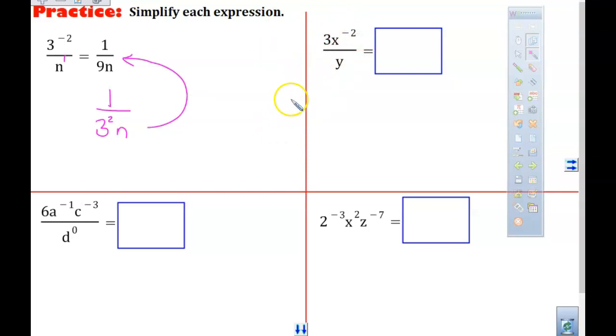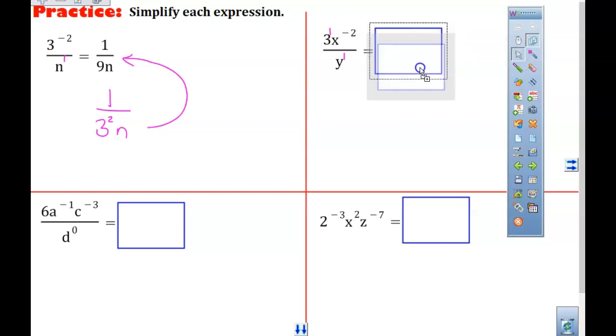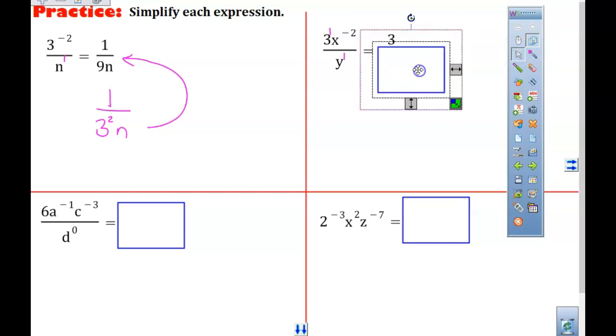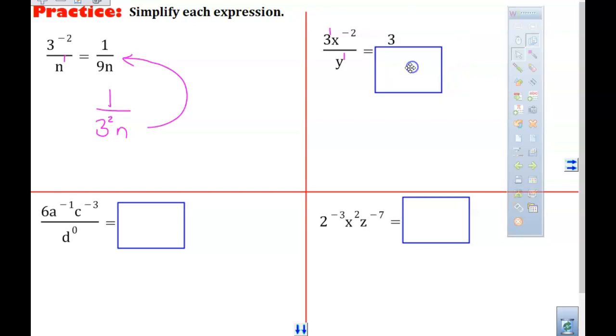Jaden, as we are looking at that next one, 3 is to what power? The x is to the negative. 3 is to the first. Y is to the first. Okay? So the only one I am moving, Jaden, is what? The x, which gives me what in the numerator? Should I have anything in the numerator besides the 3?